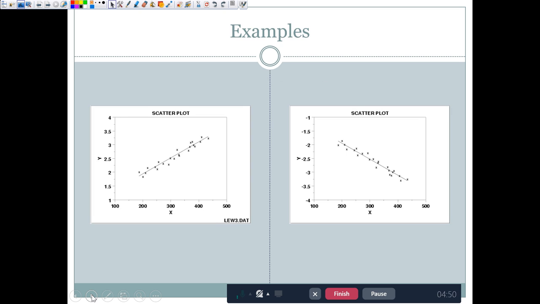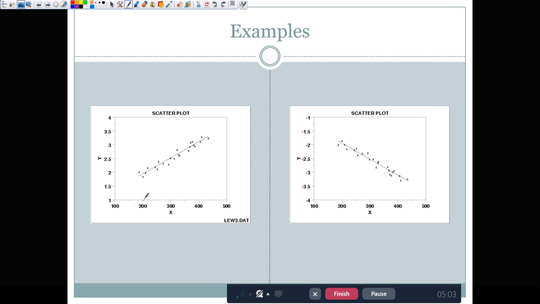All right, so for example here, I have a positive slope. I'm going to select 2 points on my graph. The point that I'm choosing to use at 200 is approximately 1.85, and it's on the line, not an actual data point.